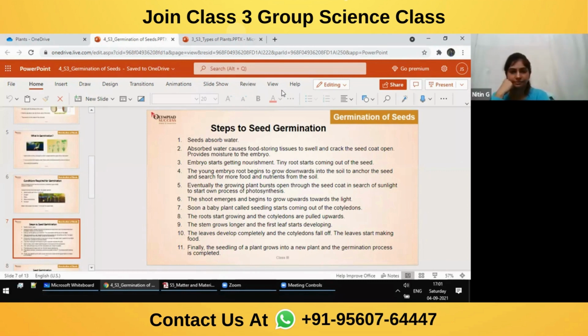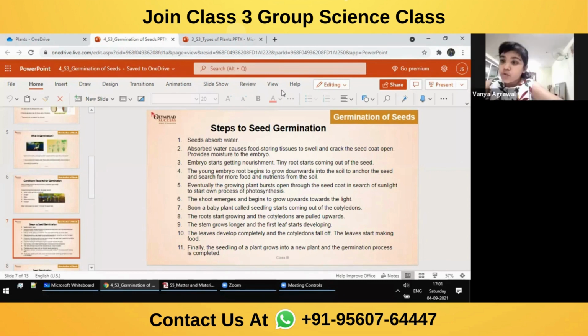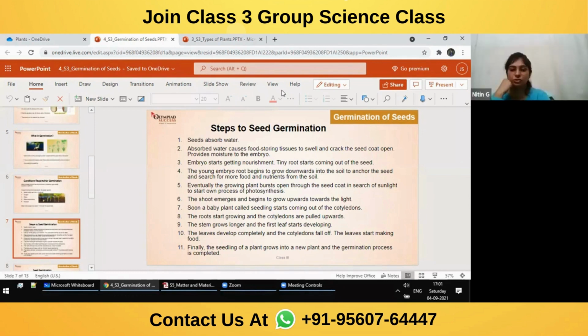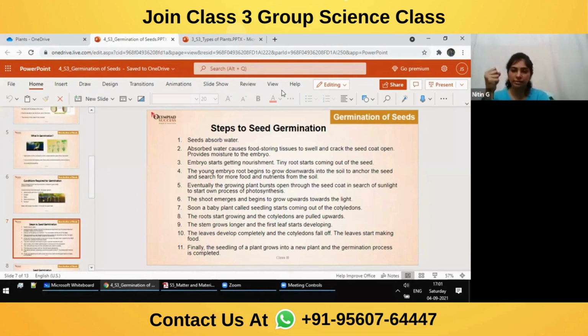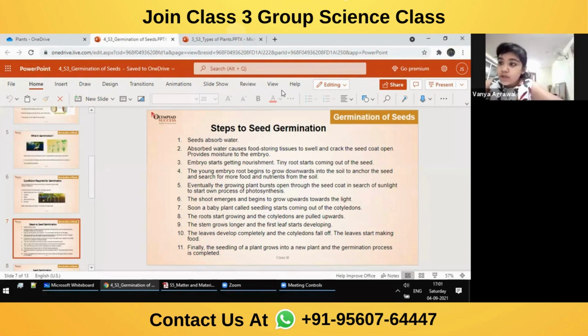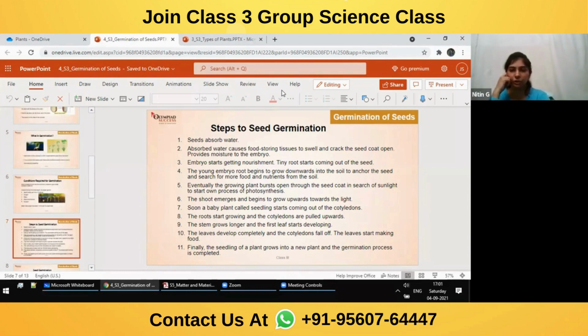Fourth, the young embryo root begins to grow downwards into the soil to anchor the seed and search for more food and nutrients from the soil. Continue, Akash, fifth point.